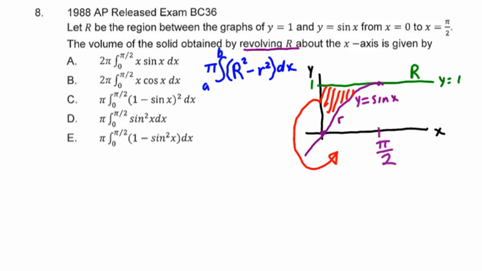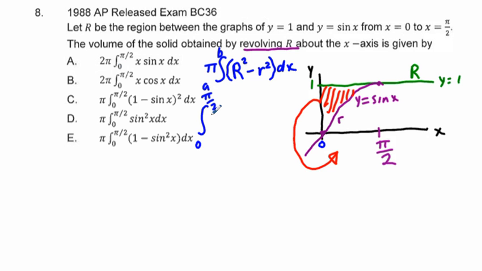So the setup is going to be just kind of substituting in here. Let me just go ahead and replace. We're going to start with our lower limit of 0. Okay, there it is. Upper limit of pi over 2. And those are consistent with all our answer choices.